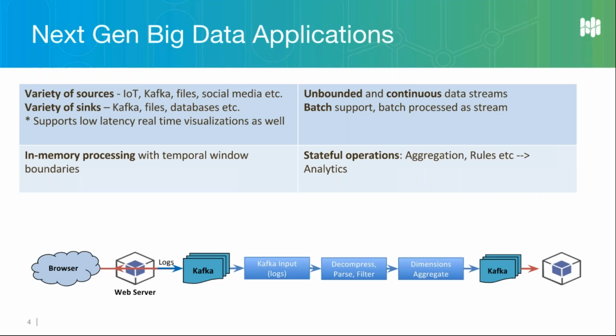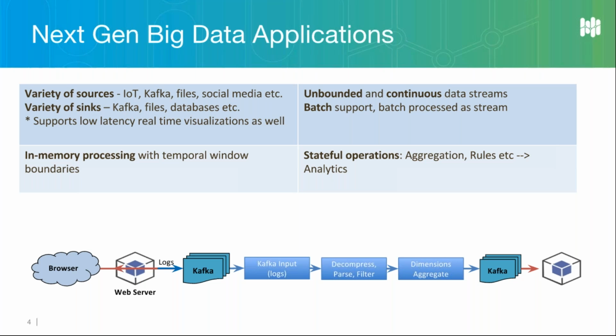In big data applications, as you might know, there is a variety of input sources. Let's say data coming from Kafka, some IoT devices, or files from social media networks, and there is a variety of sinks, with input data coming from various databases. You can output to or get input from databases, or you can just ingest messages from Kafka.